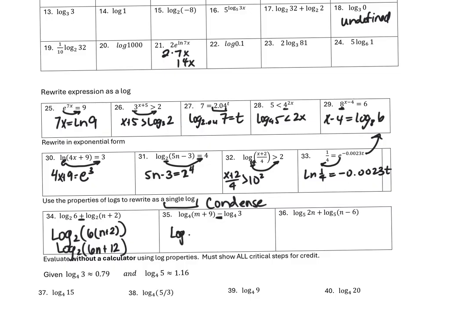So log base 4, and I have m plus 9 over 3, all in one big fraction with the log written once. And then 2n times n minus 6. A condense becomes multiplication. Log base 5, 2n times n minus 6, log base 5 of 2n squared minus 12n.